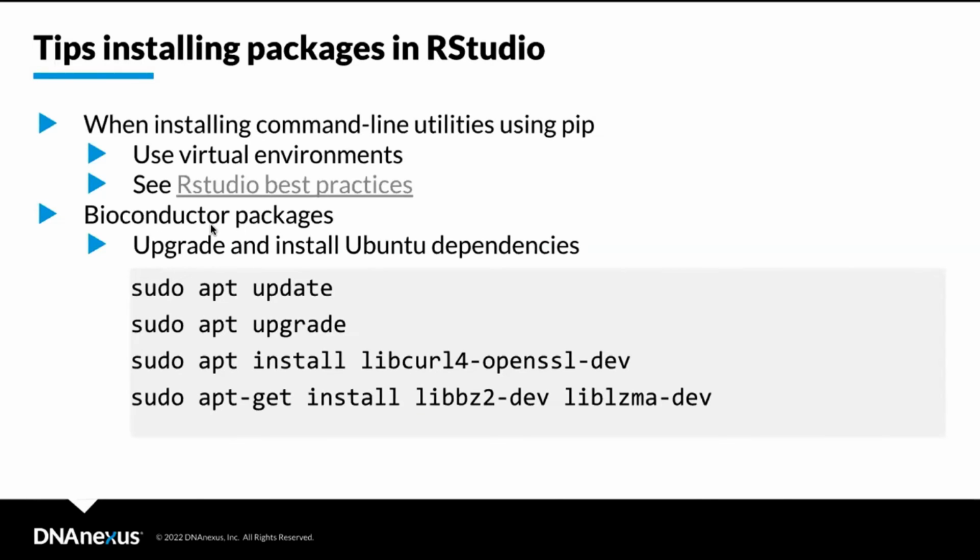I just want to end with a few things about installing packages in the RStudio instance. There are certain Linux dependencies, especially for Bioconductor. If you're installing Python-based utilities using pip, the best practices document encourages you to use virtual environments, so definitely look at this link.